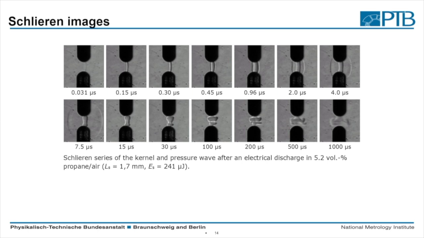There the energy deposition takes place, and after 150 nanoseconds the discharge is now over. So the electrical energy is deposited into our system. We see here a hot kernel, and this broadens with time, mainly due to heat conduction.